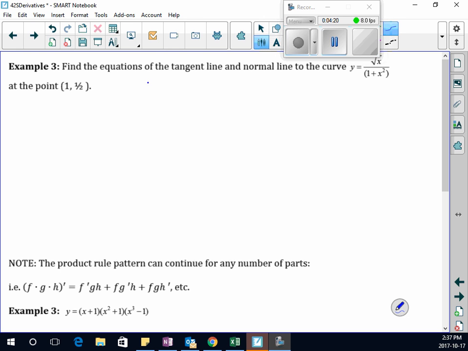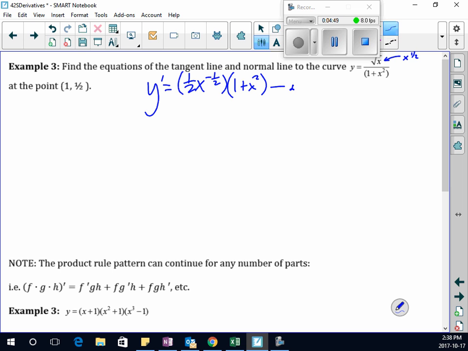So first we need to find y prime. Does everybody see that? Again, this right there is x to the power a half, right? So I'll give you a second to find the derivative of that quotient. So derivative of the first one is 1/2 x to the power negative a half times the second one left alone.